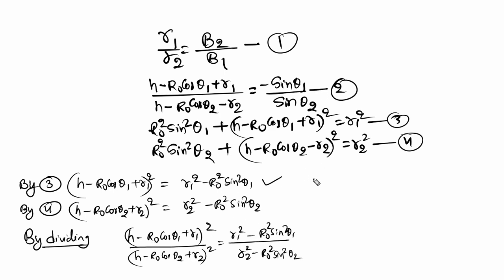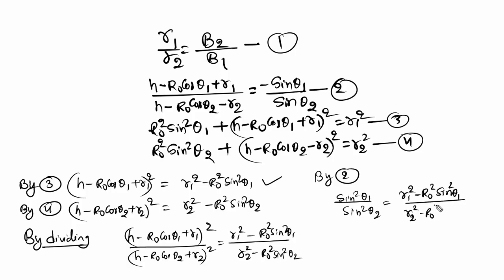Now if I use 2, you know that this upon this is sine theta 1 upon sine theta 2, negative, so the square of that is going to be sine squared theta 1 over sine squared theta 2 equal to R1 squared minus R0 squared sine squared theta 1 over R2 squared minus R0 squared sine squared theta 2. So I am just substituting the values.